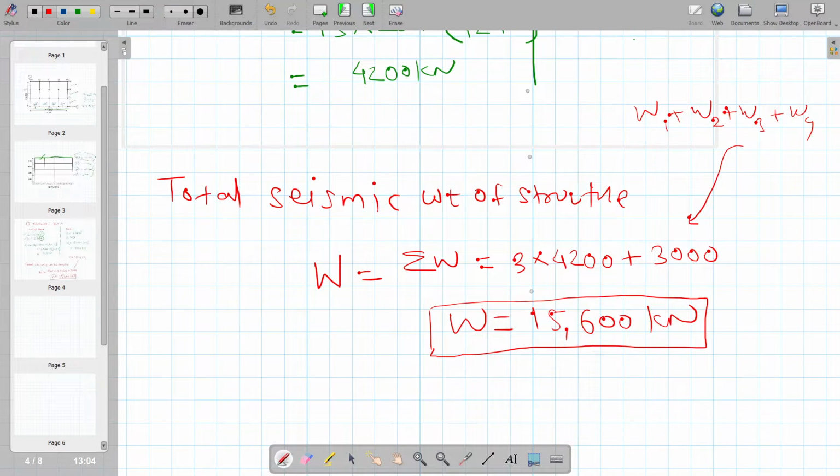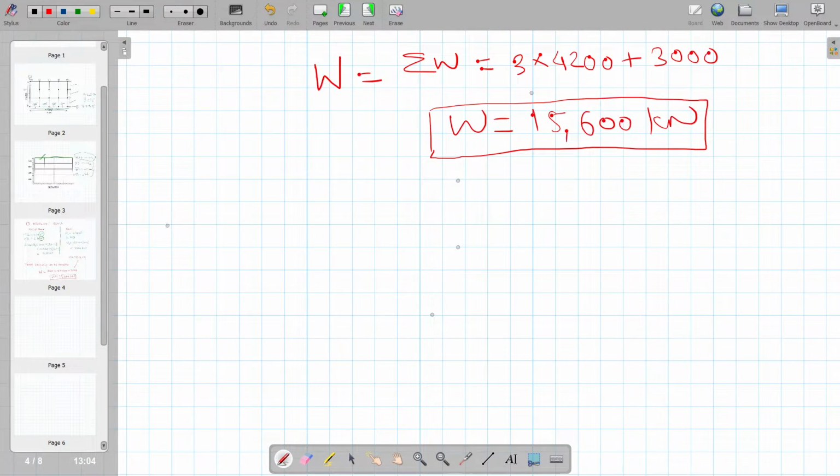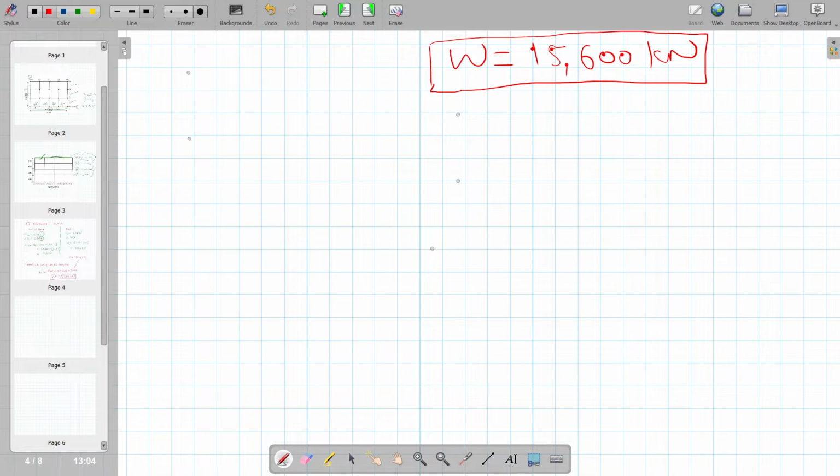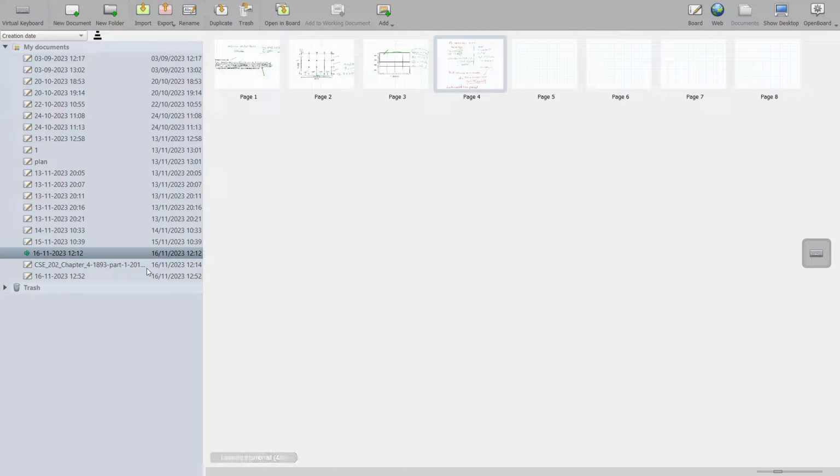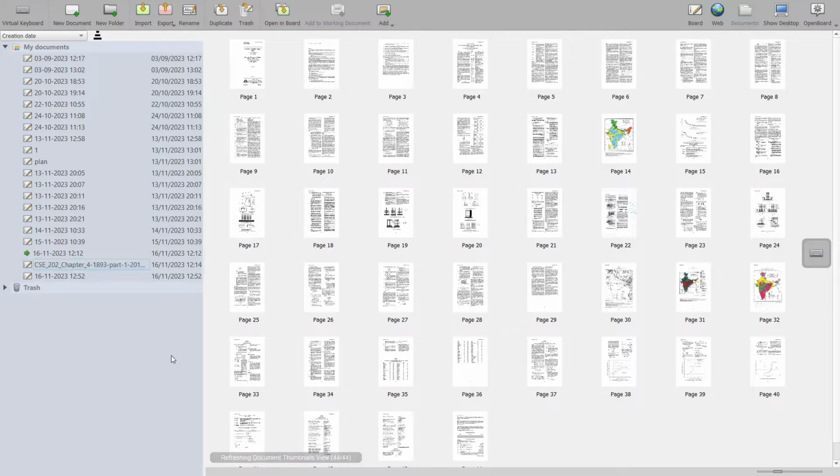Okay. Now let's move towards the fundamental time period. So how to calculate fundamental time period? For this, we need to go to the code again. Here I have downloaded the code.